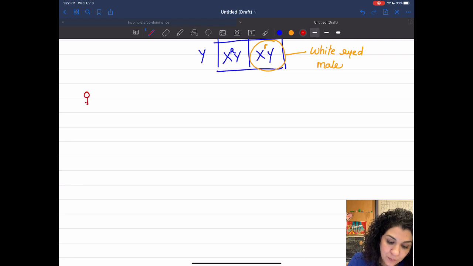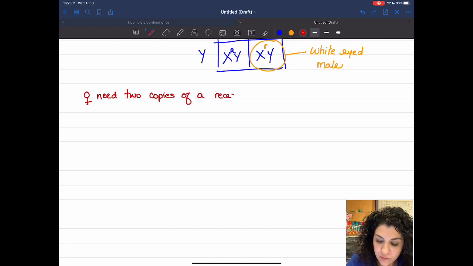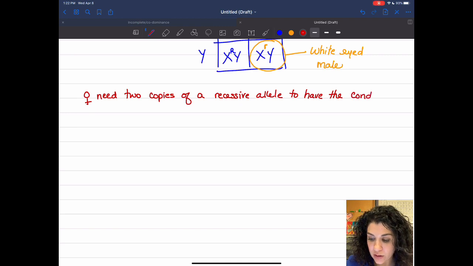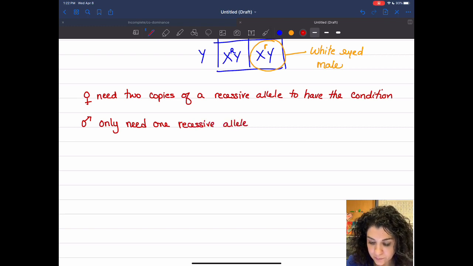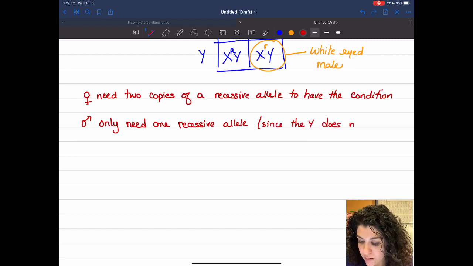Then what we can say here is that females need 2 copies of a recessive allele to have the condition, whereas males only need 1 recessive allele, since the Y does not carry the gene.